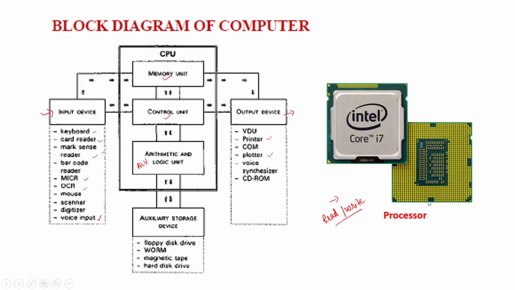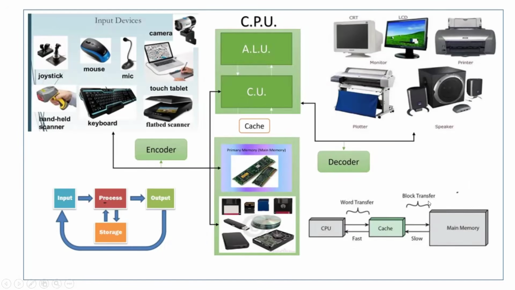Here in this portion you see similar peripherals in modern days. We are using joysticks, and handheld scanners that you see in any shopping mall. Again, we have the mouse, the mic, the keyboard, and touch tablets or writing pads.